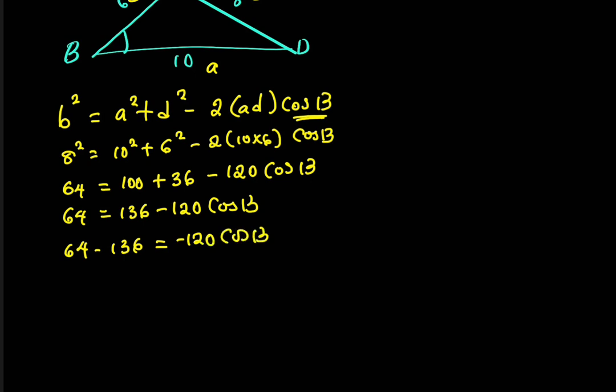Now 64 equals 136 minus 120 cos b. Making cos b the subject of the formula, we have 64 minus 136 equals minus 120 cos b. 64 minus 136 is minus 72, so minus 72 equals minus 120 cos b.